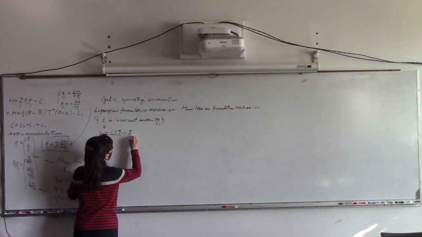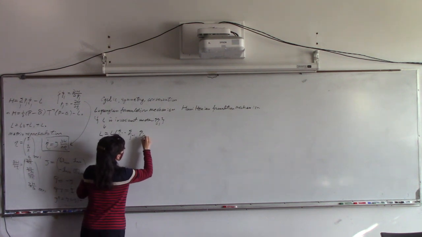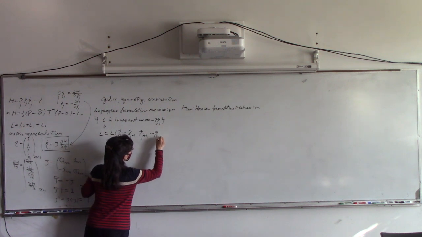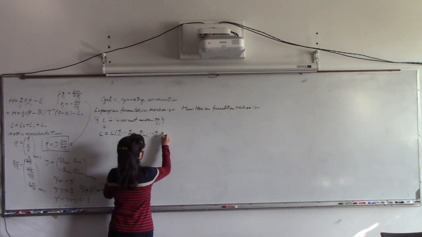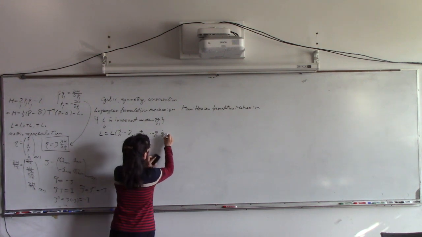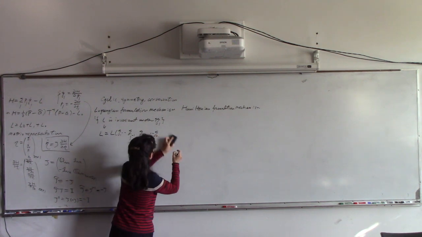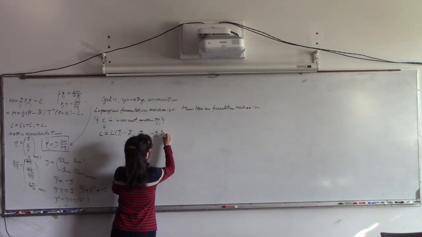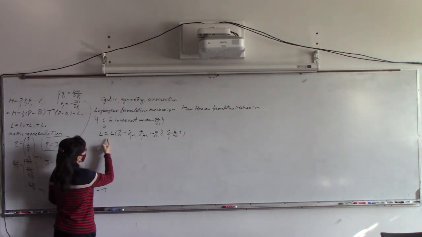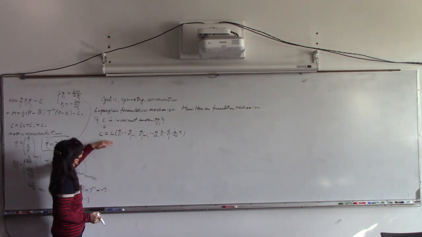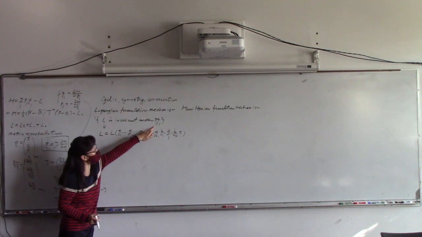So Qj minus 1, Qj plus 1, and Qn, Q1 dot, Qj dot, Qn dot, and T. Because in any environment this does not depend on this coordinate, right?